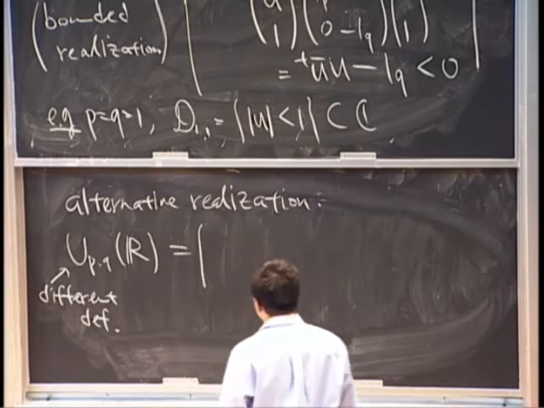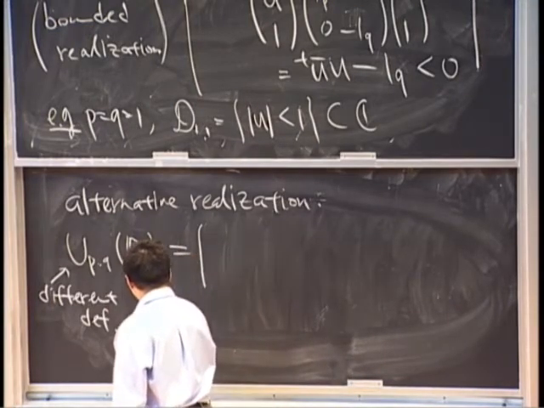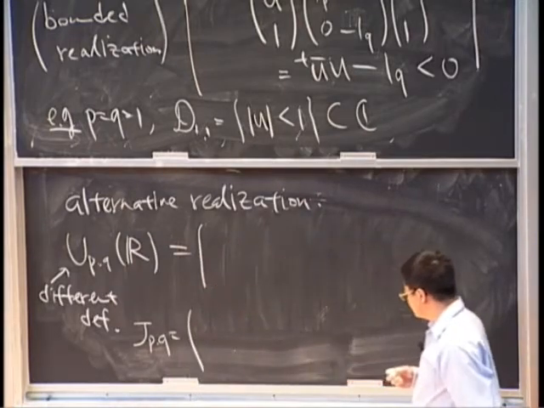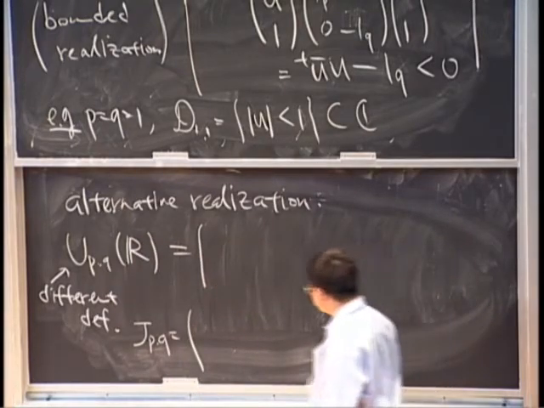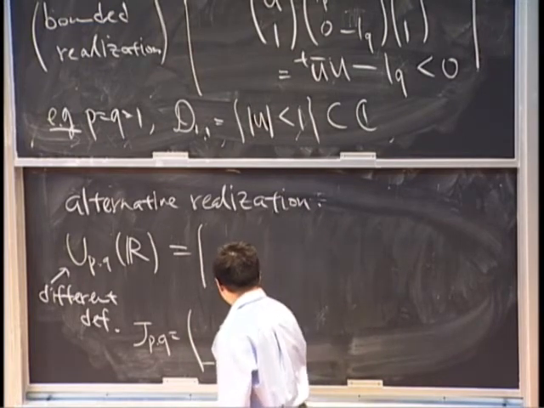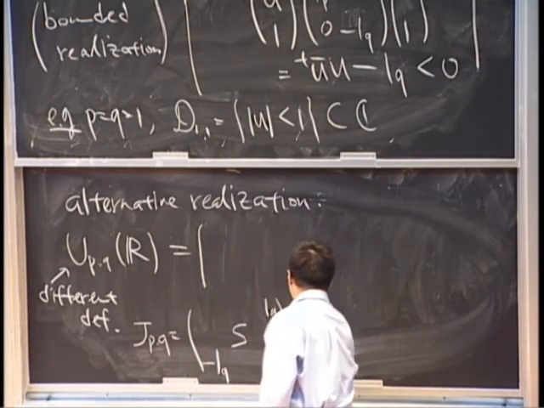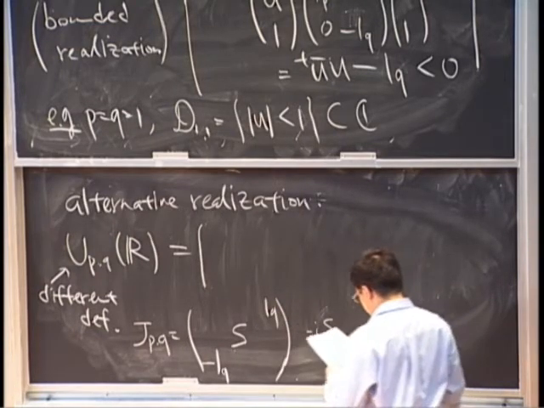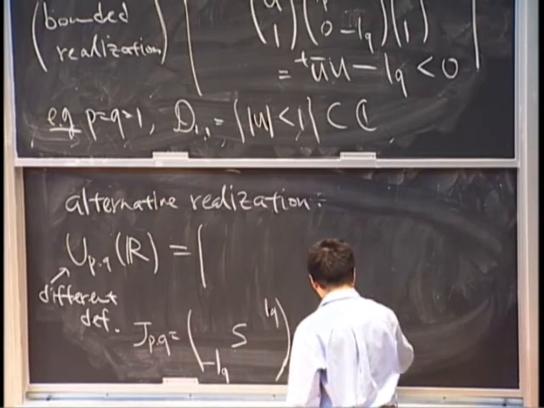And in fact, I have to make some choices. So I will write this J_{P,Q} to be something like, well, now we're upgrading from 2 by 2 matrices up to 3 by 3. So I'll write this way. And then it's S in the middle. S, I will write this to be this.